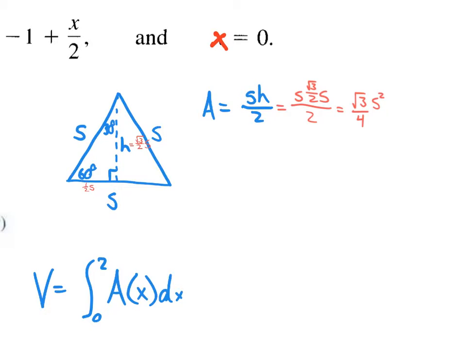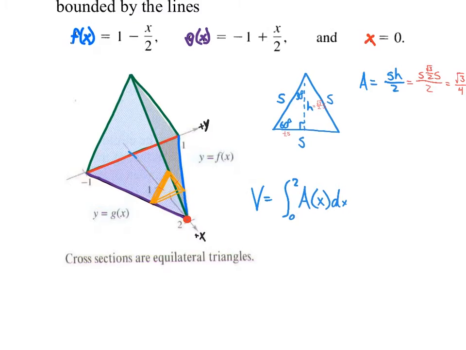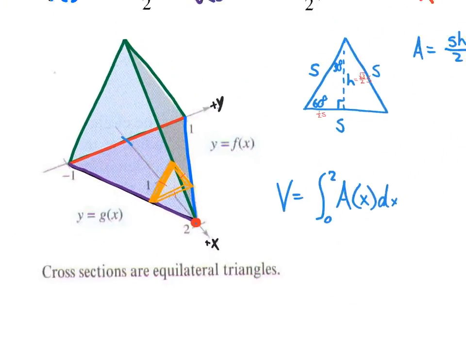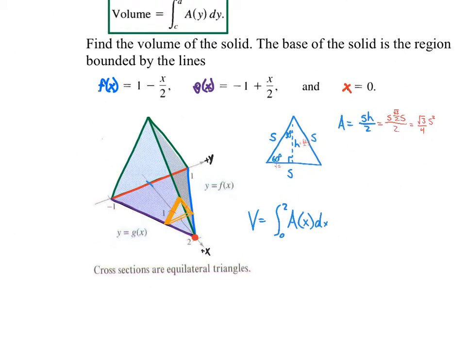Alright? So at this point, this is where our problem comes in. At this point, we have to figure out what that side is in terms of x. Okay? So going back here, remember f of x was y equals 1 minus x over 2.